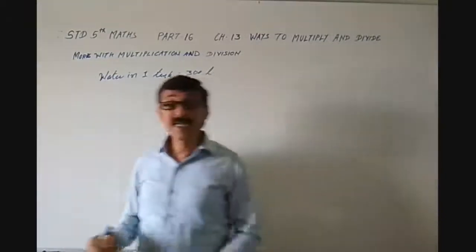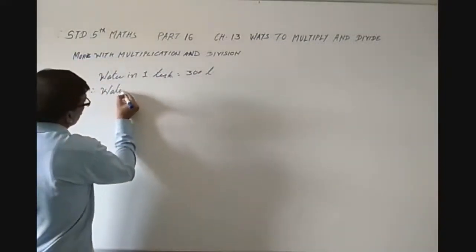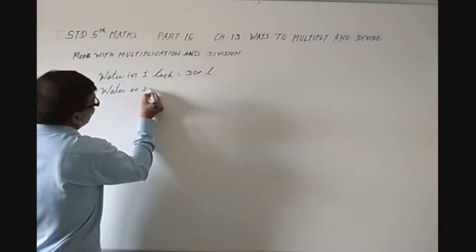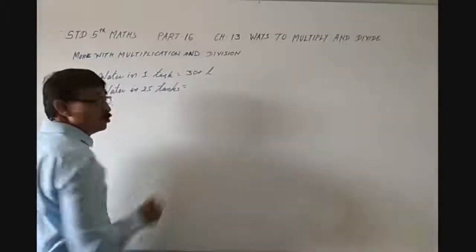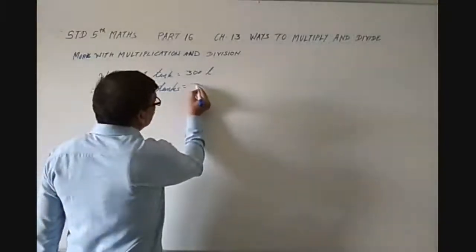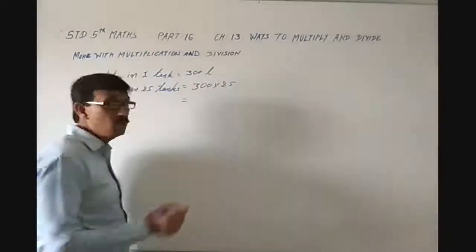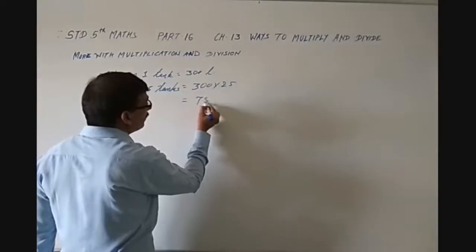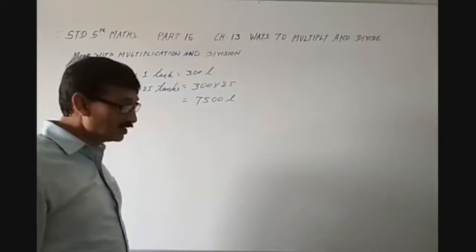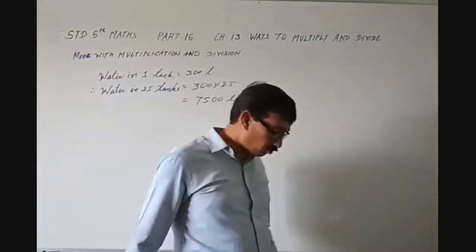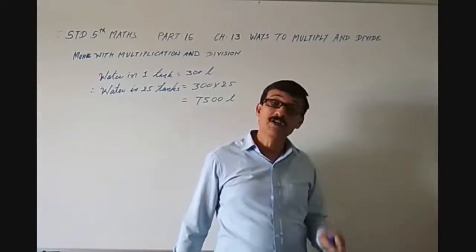Therefore water in 25 tanks is equal to, naturally, 300 multiplied by 25. 25 3s are 75. So 7,500 liters of water can be filled in 25 tanks.